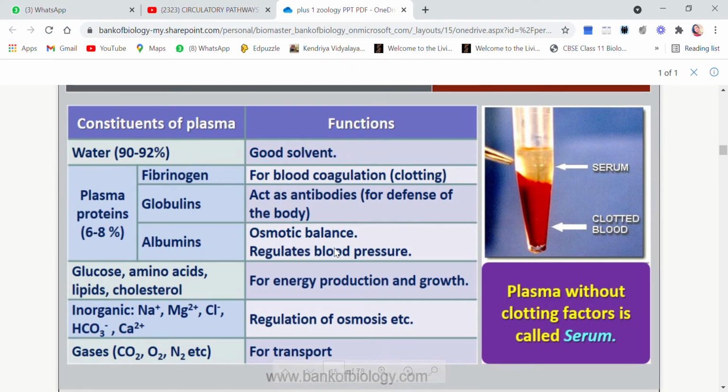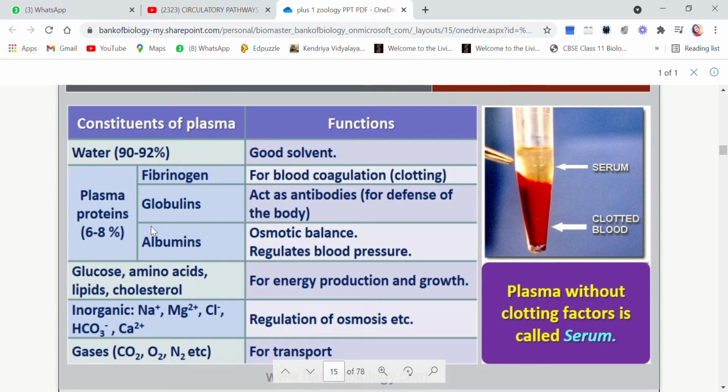This is done just to maintain the balance. On one side the concentration is high and on the other side of the membrane the concentration is low. So to make a balance in the concentration, osmosis occurs. This balance is always maintained by such type of proteins called albumins. It also regulates the blood pressure inside the body. So albumin plays a very important role in osmotic balance and regulation of blood pressure.